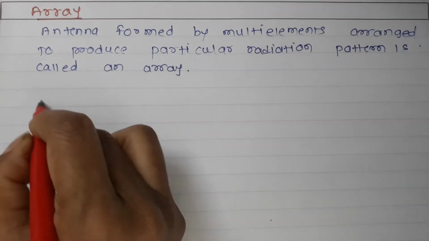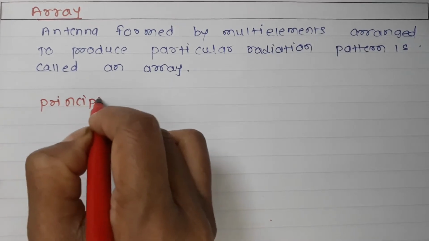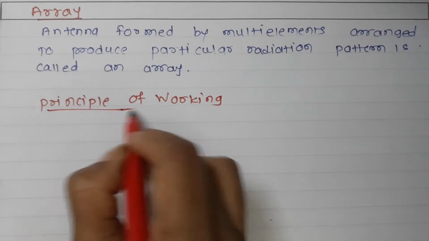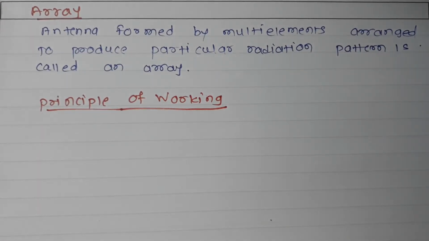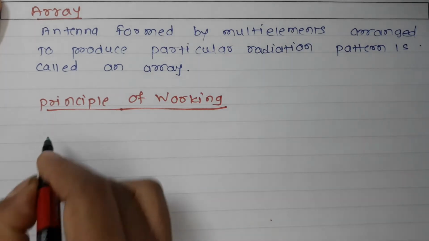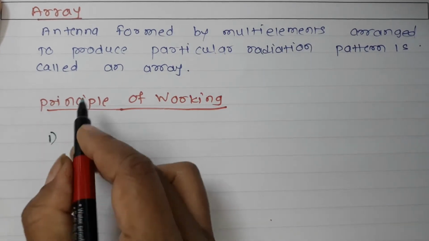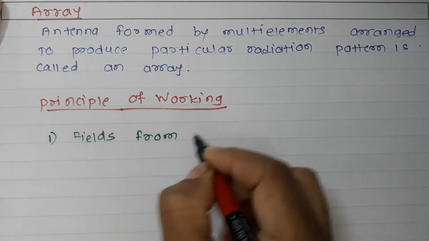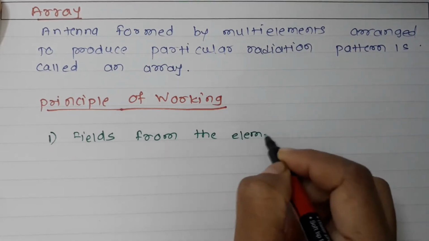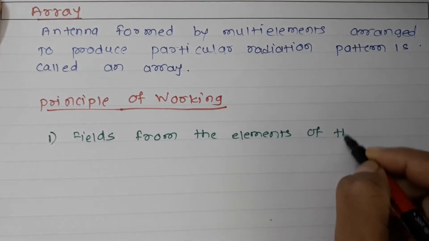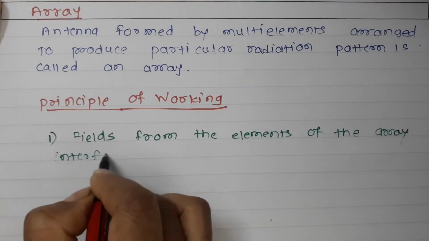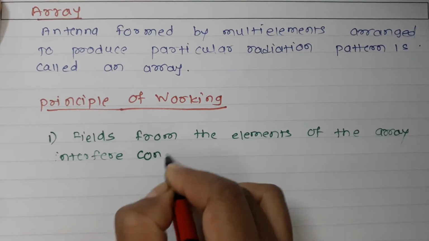Okay, what is the principle of operation? If I talk about the principle of working of this particular array, we are using a number of elements, and fields from the elements of the array interfere constructively.